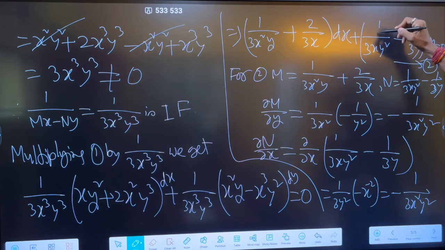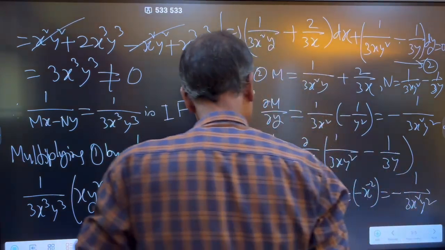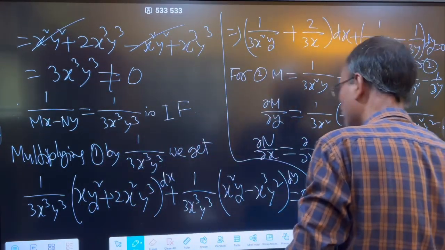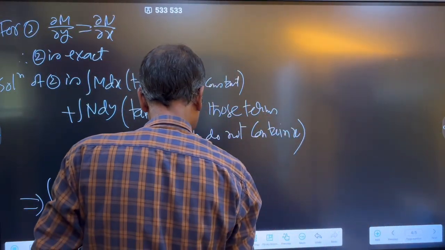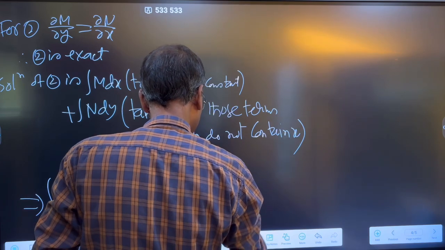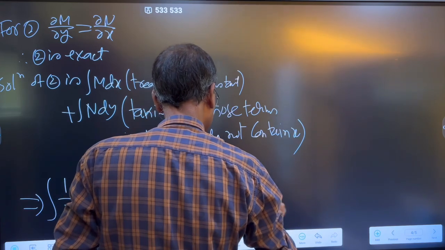Here there is x. Only minus 1 by thrice y, minus 1 by thrice y dy, equal to constant.